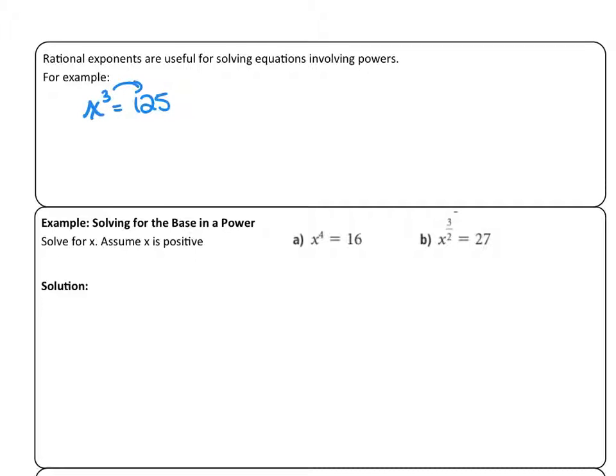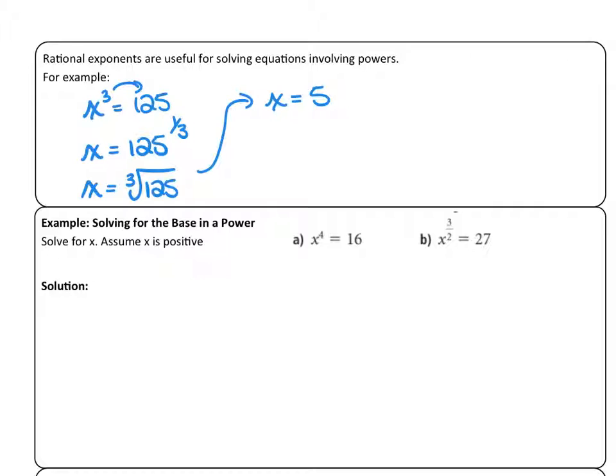When you do that, it's going to become 1/3, so it becomes a fraction. And then we can easily solve this by taking the cube root, which will give us 5. So we can use rational exponents to solve the equations.